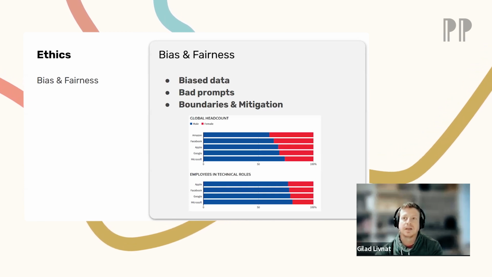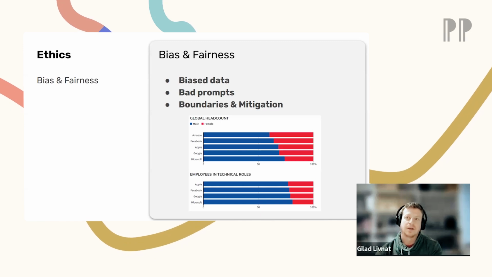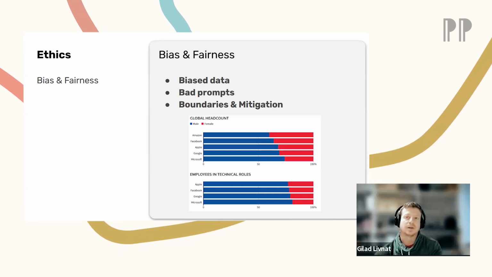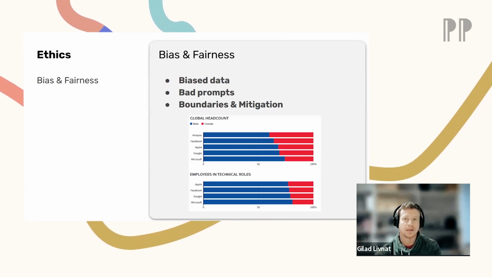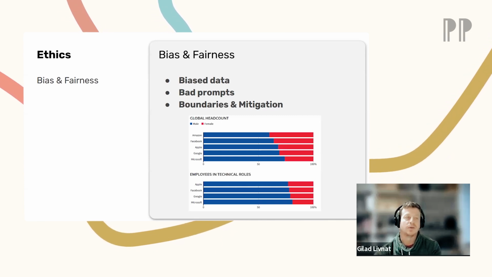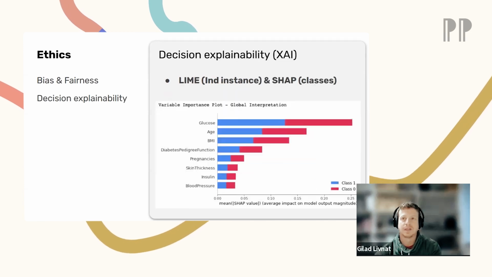And also, helping people understand what they are interacting with. There's the case where Amazon tried to build a hiring bot, and the result was that the hiring bot preferred white males over other candidates just because it was trained on biased data.